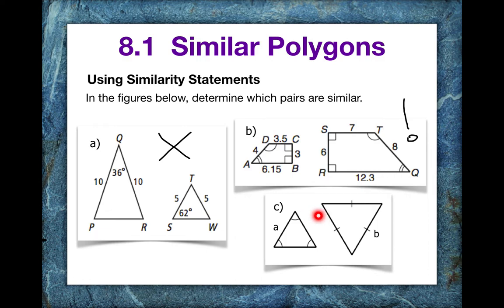Let's look at the last one, C. Here I have an equilateral triangle and an equilateral triangle. Well, they're equilateral because we know from a theorem that equiangular means equilateral, and this is also equiangular. So we know that each one of these is 60 degrees, and these are all 60 degrees, so that works. Let's look at the side lengths.